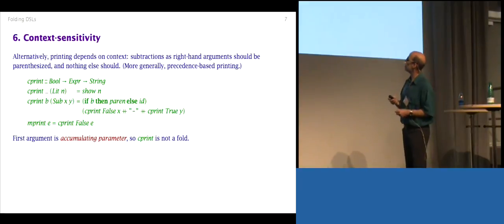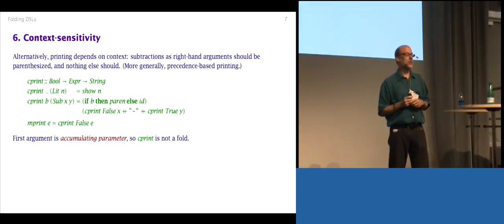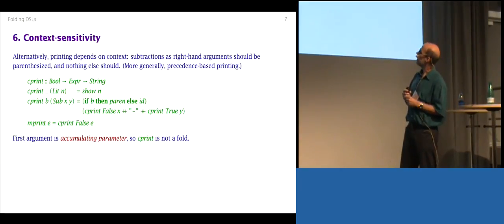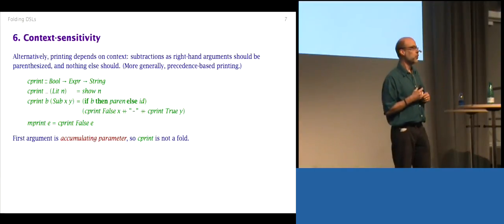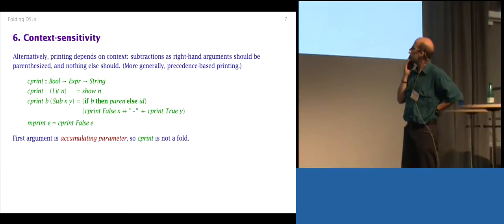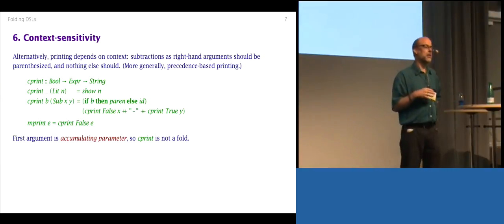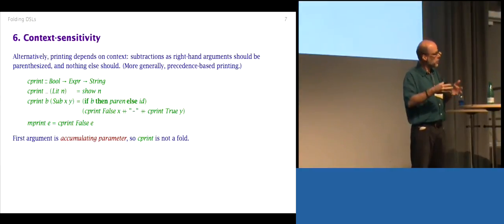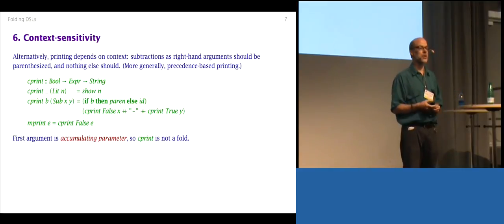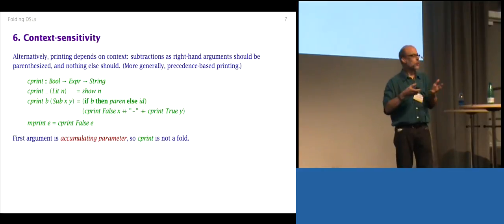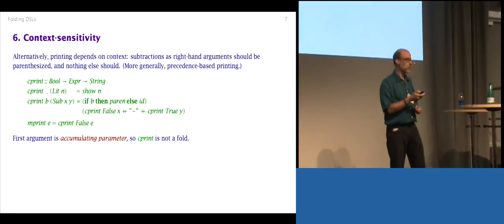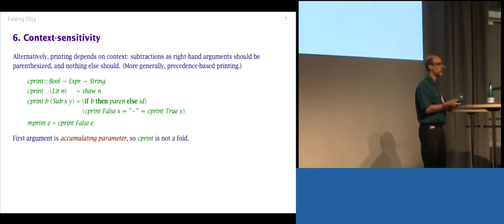How are we going to do that? So this cprint function here is not a fold over the term, because it depends on a context, and the context varies as you recurse into the term. So the recursive calls are not done using the same function on each of the subterms.